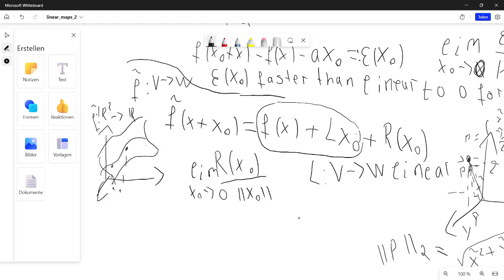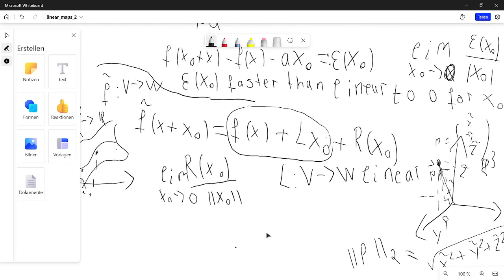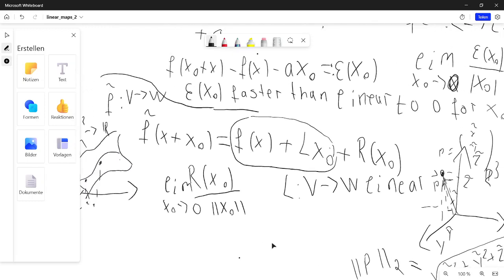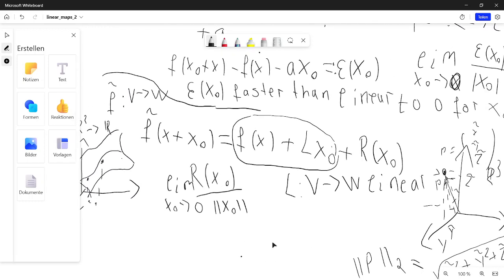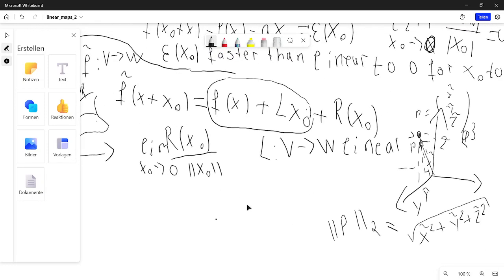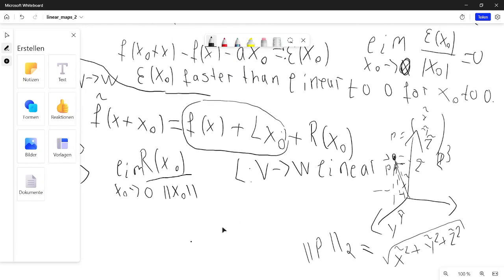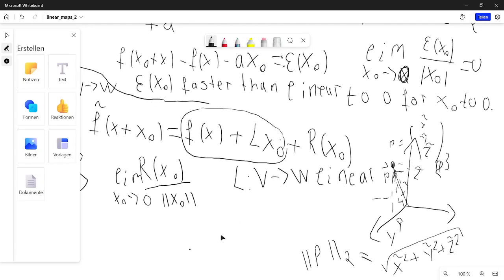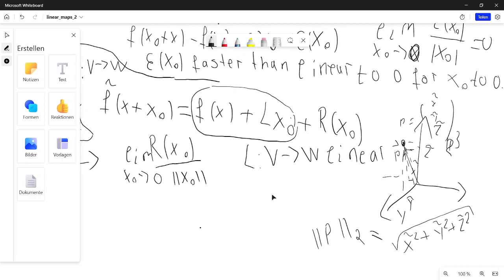And that will give us many cool properties of such linearizable functions or differentiable functions, which is actually the same. Yeah, there's a lot to look forward to. And you can imagine that calculus in one variable generalizes to more general spaces, and we can do similar things like the fundamental theorem of calculus in higher dimensions, and we can have some awesome theorems. That is all to look forward to.